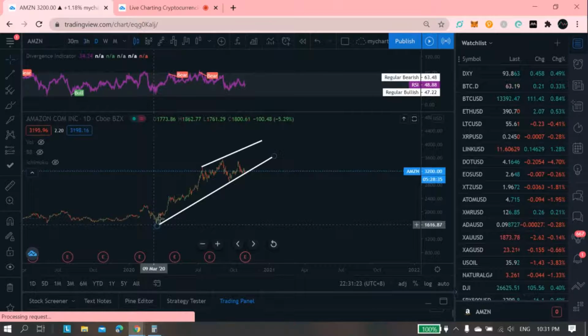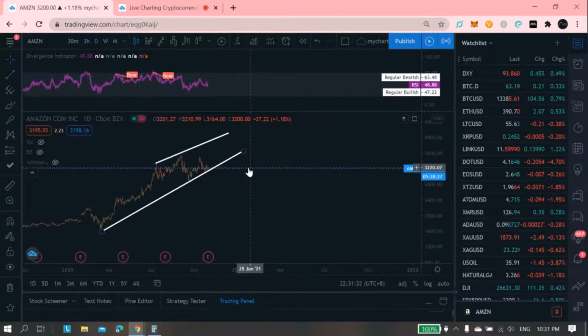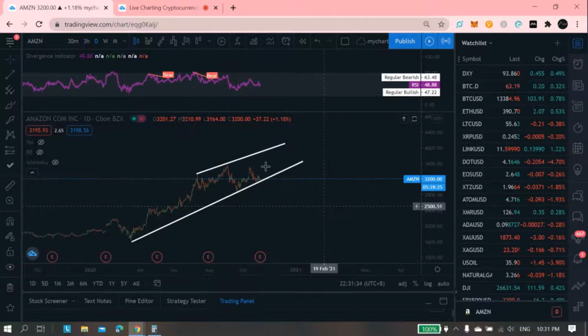If I trade this Amazon, I will make a test buy at this area because it's already at support. And then possibly, of course, my TP is this one. Of course, it needs to break this previous high, the all-time high.